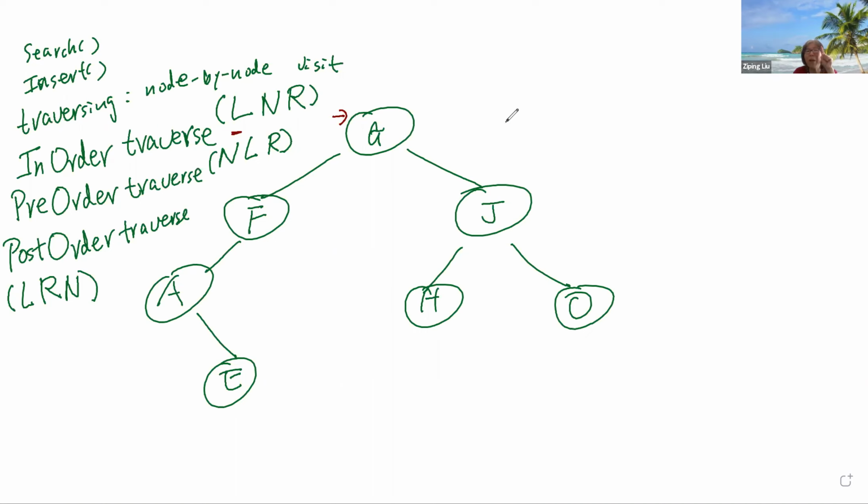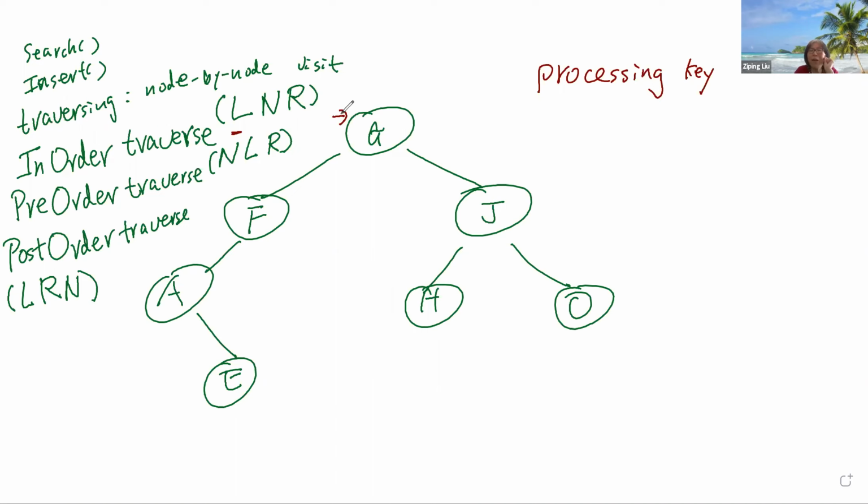So you start at the root node, but it says left first. Here it's not that you visit, it's that you process. You're going to do some calculation or do something with the key.